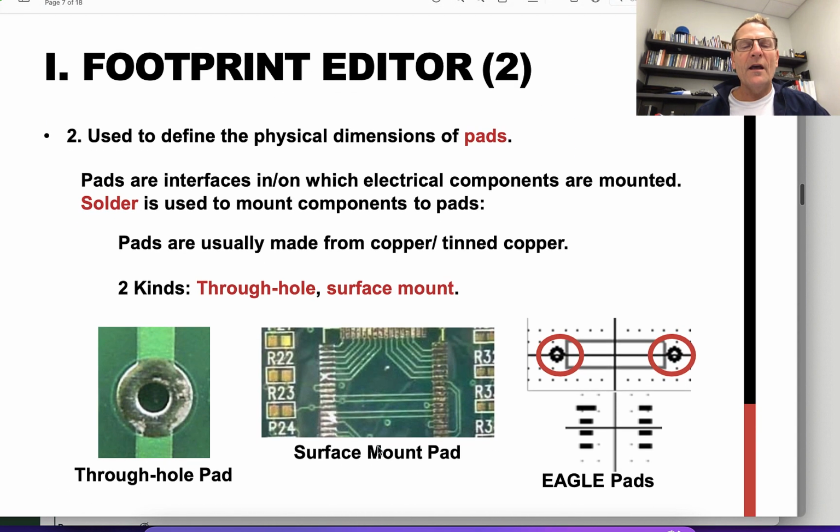The footprint editor, basically a footprint, remember we have a through-hole pad. This is a small pad on a circuit board. It has a hole in the middle of it for a lead to pass through for soldering a component, attaching an electrical and mechanical connection to a board from a component.